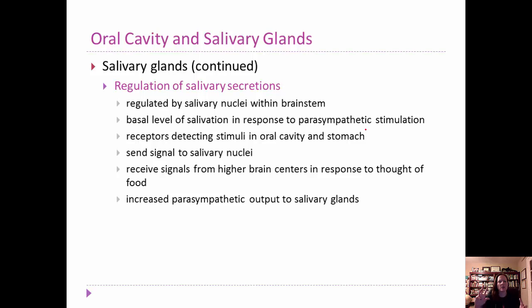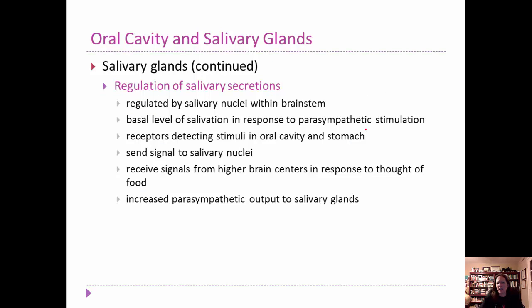We'll talk about how even just thinking about food or seeing food can stimulate it as well. You can receive signals from higher brain centers in response to just thoughts of food or smells. So increased parasympathetic output to salivary glands is going to help increase salivary production.